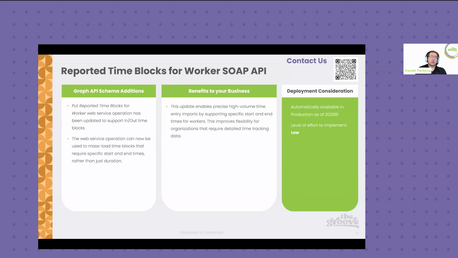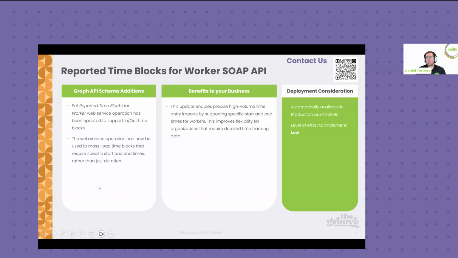Now you can do actual in and out time blocks, and use it to mass load time blocks with specific start and end times rather than just how long these folks have been clocking in and out. So it enables the precise high volume time entry imports that people have been asking for, and it improves overall flexibility for those of us who require detailed time tracking.